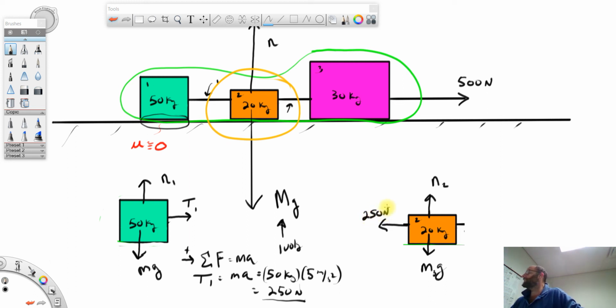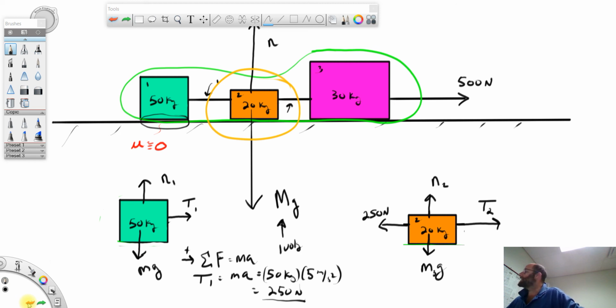I'm going to go ahead and just call it 250 newtons. And right here, we have a rope pulling mass 2 to the right. That's going to create another tension. Now, I don't know a value yet. All right, I'm going to call it tension 2, but I do know it has to be larger than this one because mass 2 is accelerating to the right. And there's our complete free body for the middle mass there.